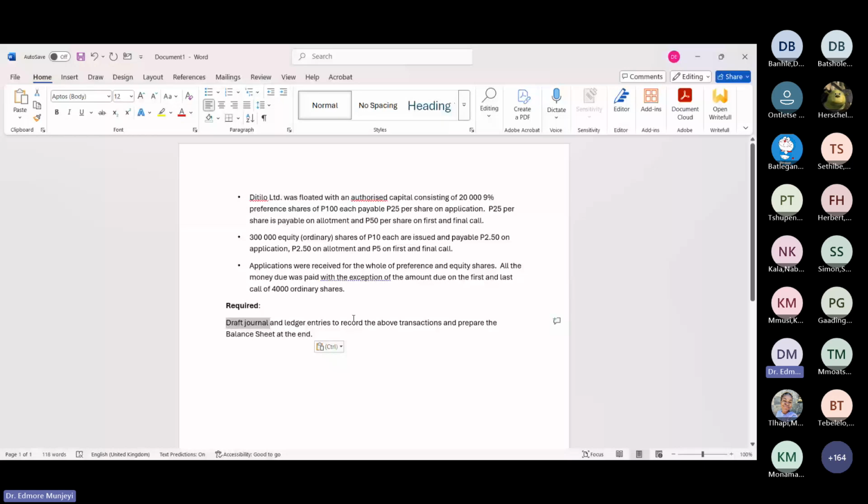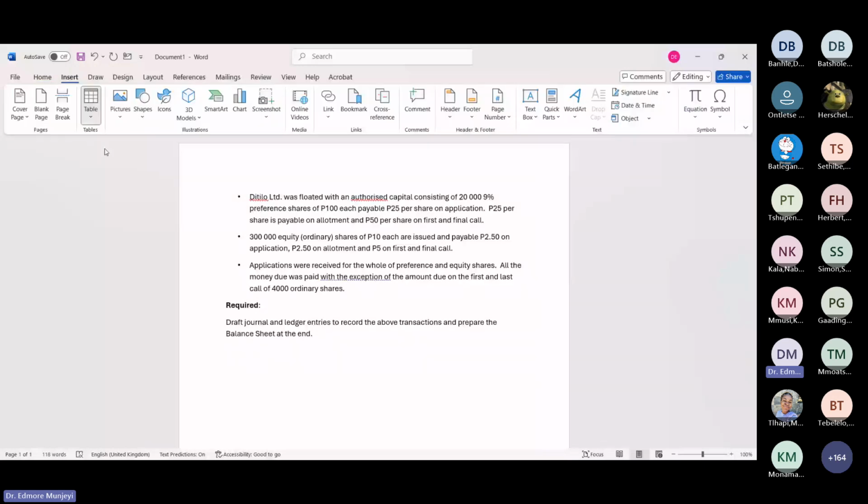So the first part is the journal. You don't go straight, you have to go the journal way. Please, you have to follow instructions, because if they say journal, it should be journal.